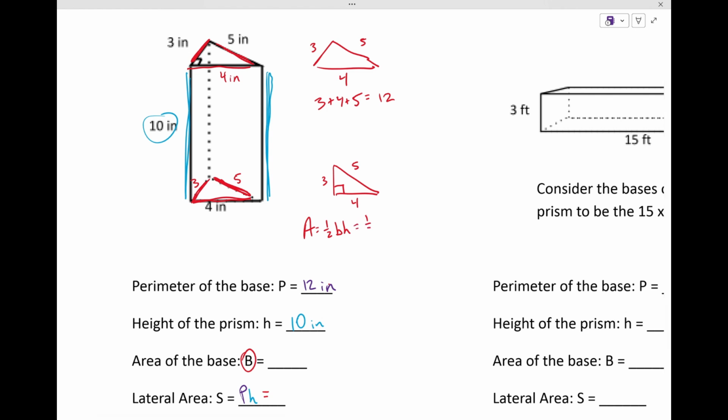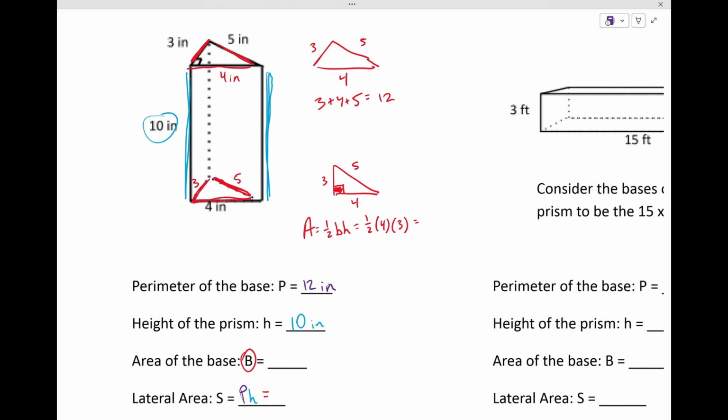B and h stand for base and height. So the base of this triangle is 4, and the height of this triangle is 3, because we have this right angle right here. So 4 is your base, 3 is your height, or vice versa. But 5 is neither because it's not next to the right angle.